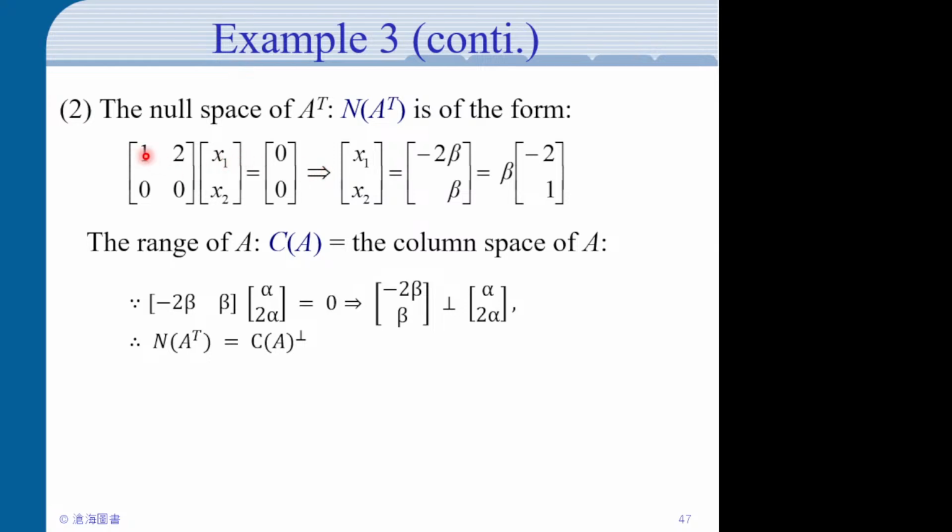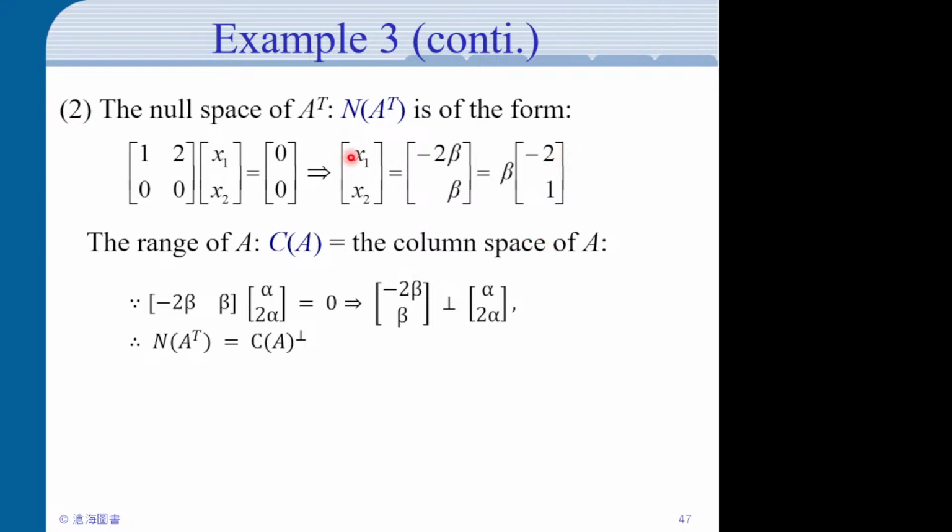And A^T is [1, 2; 0, 0], and we want to find its null space. Then we solve the equation: (1, 2) inner product with (x1, x2) equals 0, and you see that x1 needs to equal minus 2 times x2. We call x2 beta. Then this is beta times (-2, 1).